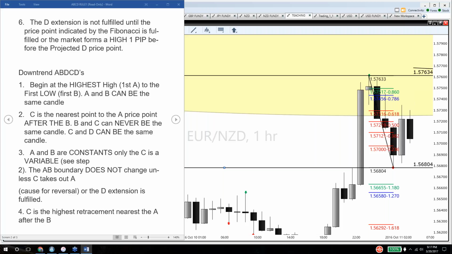Okay, so if that's the case, then let's continue. C is going to be the nearest point to the A price after the B.